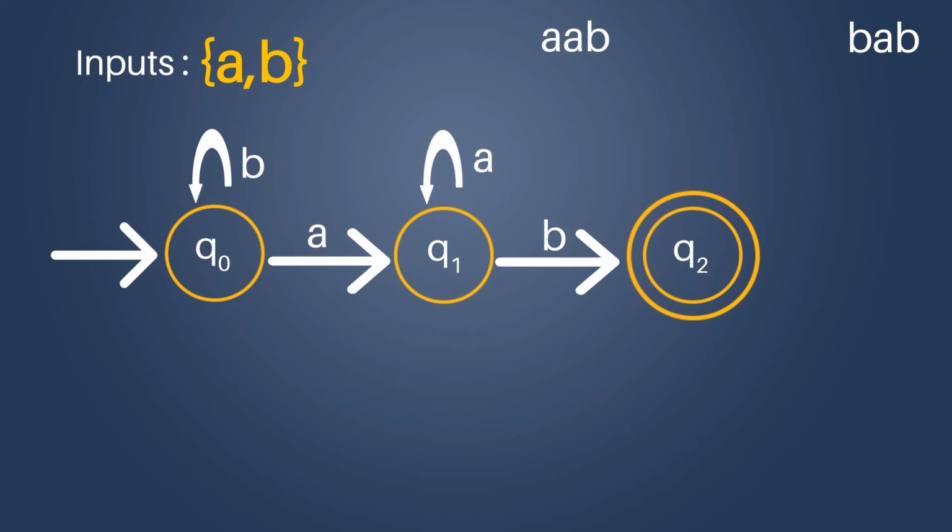This string contains the substring AB. So on Q0, if my input symbol happens to be A, I'll come to Q1. On Q1, if my input symbol happens to be A, I'll be in Q1 state itself. On Q1, if my input symbol happens to be B, I'll be moving to my final state. So I can write a self loop on Q1.